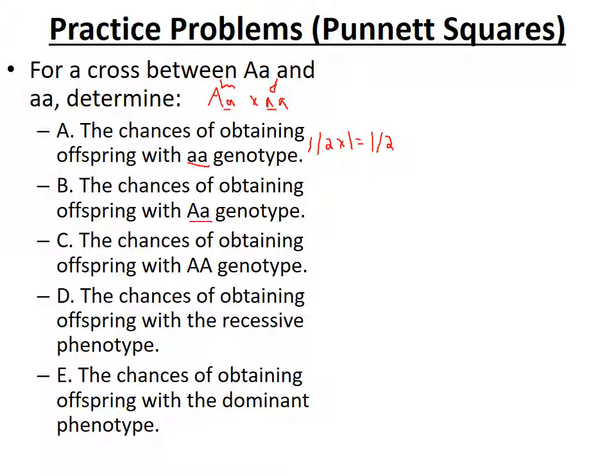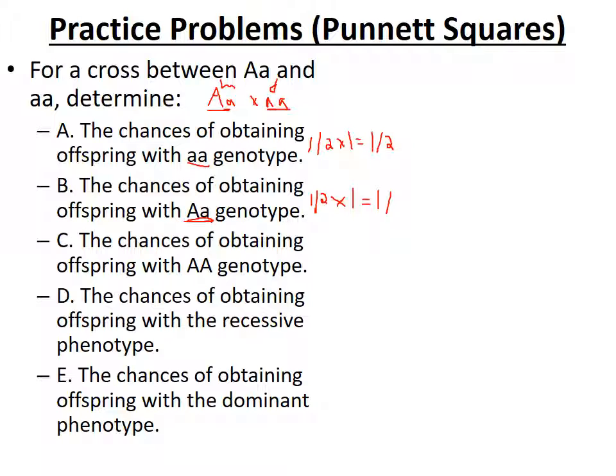What are the chances of getting big A, little a? Well, in this case, there's only one way to form the heterozygous. Mom has to give the big A, and dad has to give little a. There's no other way it can form. Dad can't give you a big A. So what are the chances of getting big A from mom? Well, half a chance. Multiply by the chances of getting little a from dad, 100% chance.